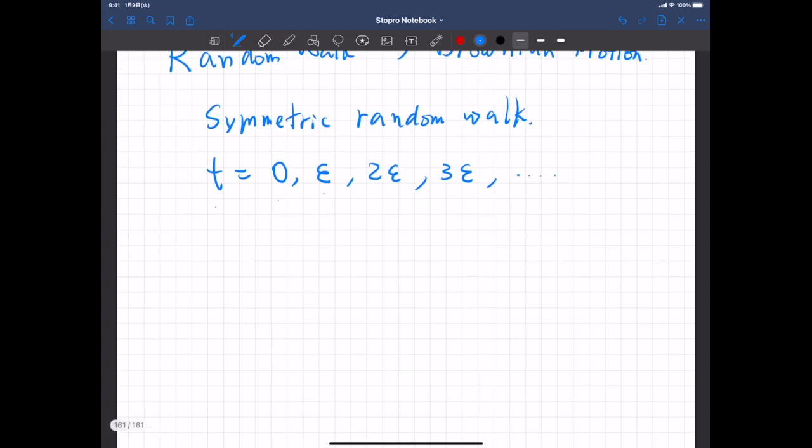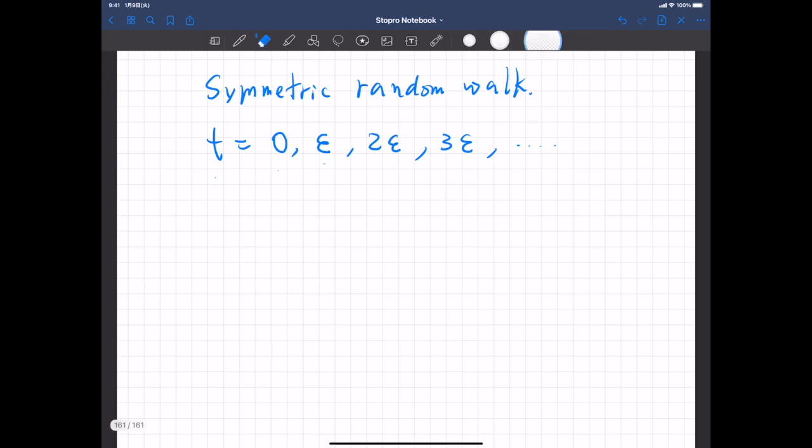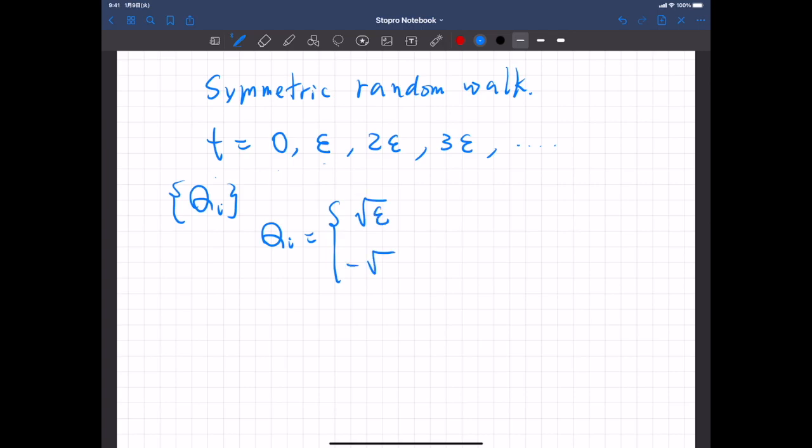And also the moves, let's say qi is the increment of the random walk. So each step qi could be either not just a positive one or negative one. Instead of that, we make it square root of epsilon and negative square root of epsilon.